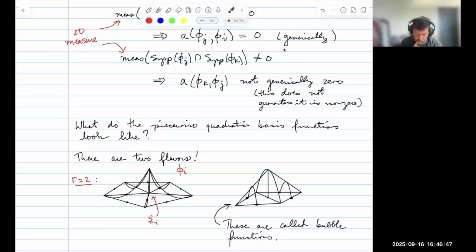What does this mean? This function is obviously not piecewise linear, it's piecewise quadratic. It's going to be a 2D quadratic function on each one of these triangles. Outside of these triangles, it's just identically 0. But inside here, it's this complicated function.